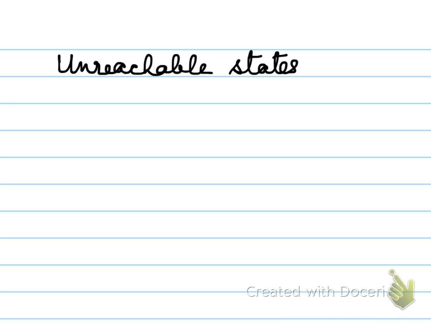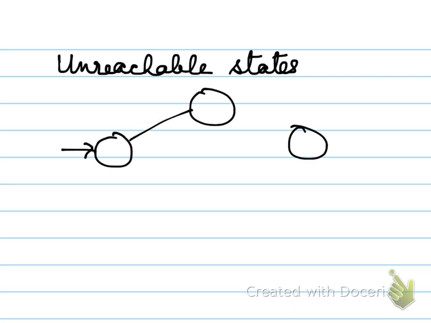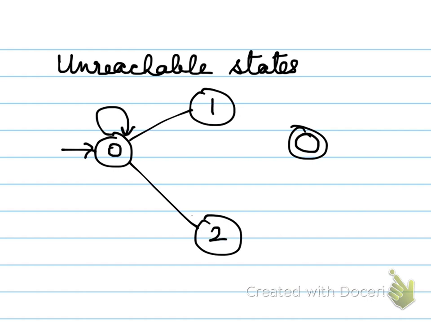So how will you identify an unreachable state? Suppose I have a DFA like this. This is the final state. I have states 0, 1, 2, and 3. State 0 on 1 goes to this, on 1 goes to this.